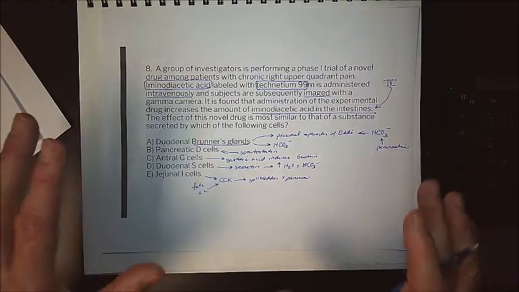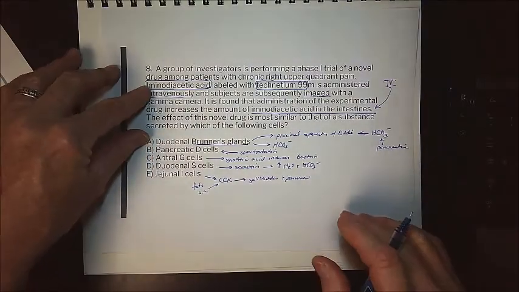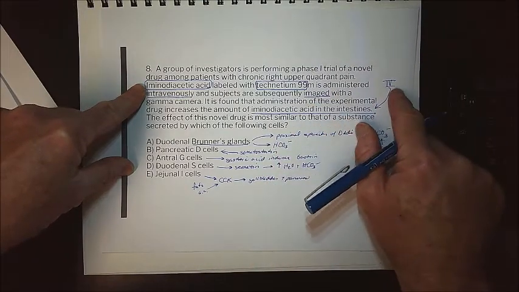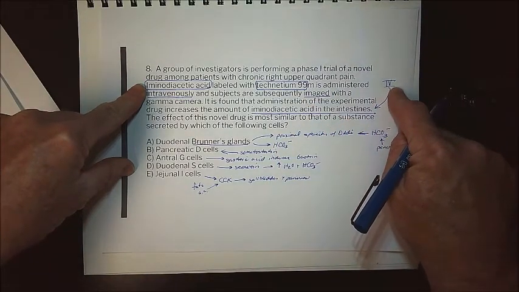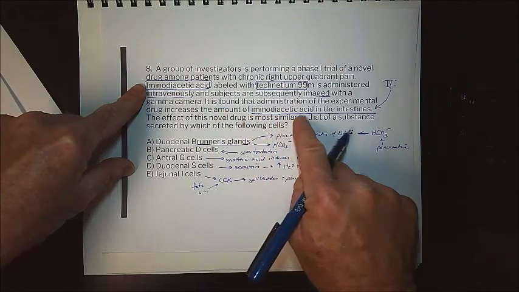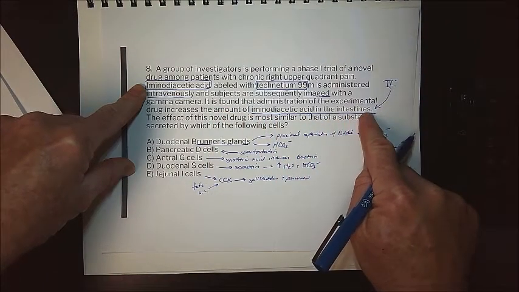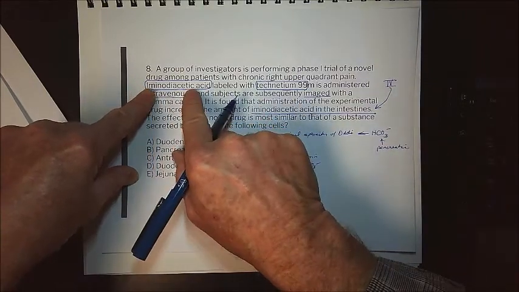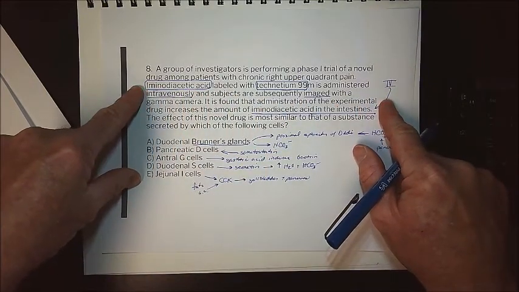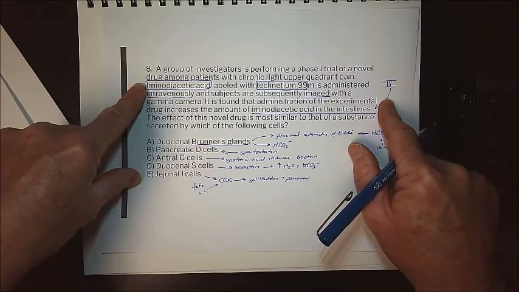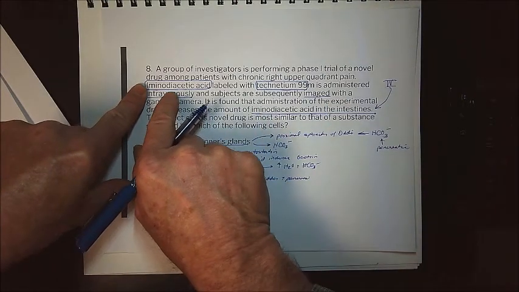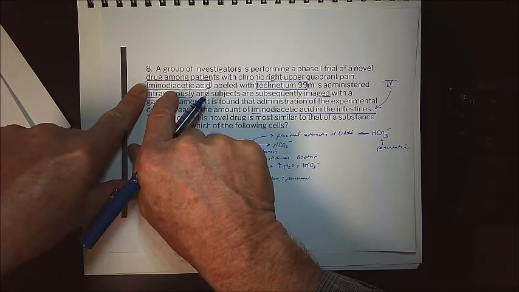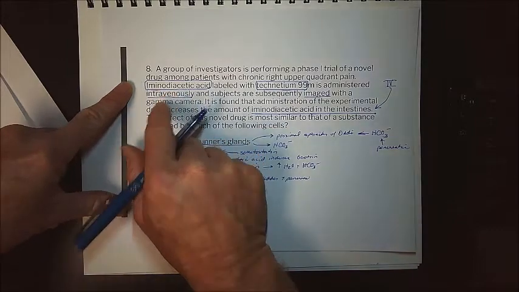Okay, so what this question is getting at is that this compound is being injected IV, so it's in the blood, and then over time it's found in the intestines. So how does it get through there? Well, strange drugs, remember, typically are taken up by the liver, and the liver is going to put this through its P450 enzyme system for disposal, if necessary, and then it's going to be put into the bile.